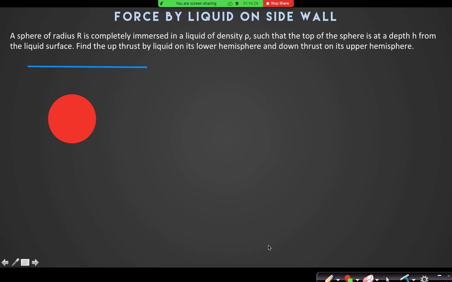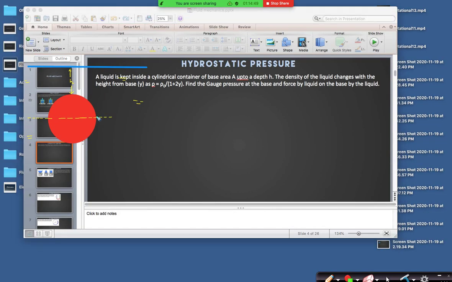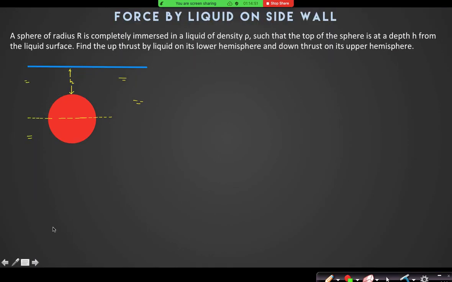A sphere is kept inside a liquid like this, where the topmost point is at a depth h. This is the upper hemisphere part and the lower hemisphere part. You need to find the force by the liquid on the upper hemisphere and on the lower hemisphere.